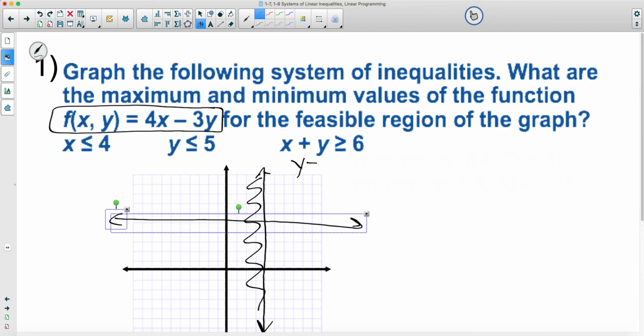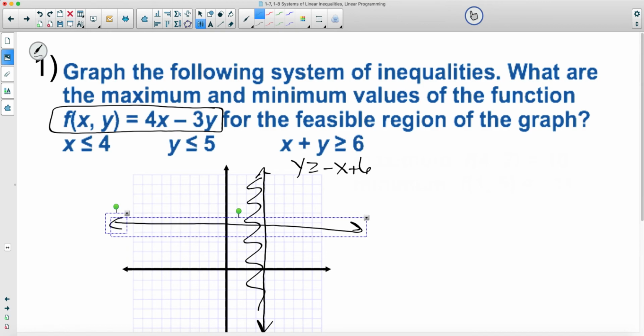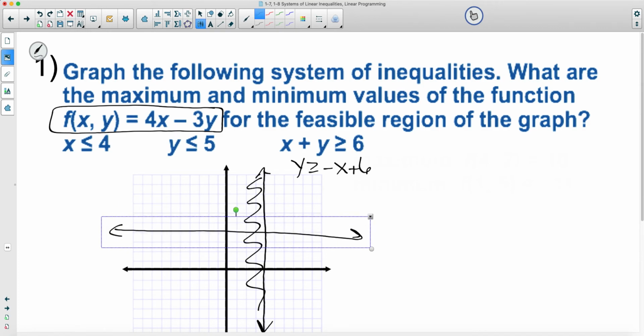So this is going to be y is greater than or equal to -x plus 6. So I start at, I actually have this line a little bit too high. Okay, we start at 6 for this one.